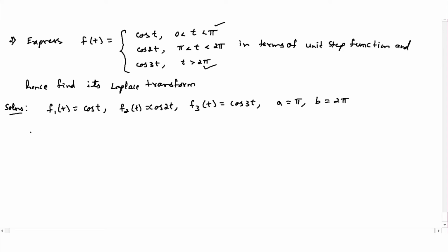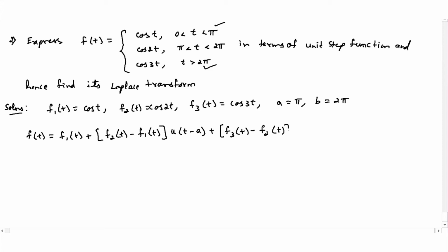Now if I try to use the property, f of t will be equal to the first function f1 of t plus the second function minus the first function into u of t minus a, plus the third function minus the second function into u of t minus b.